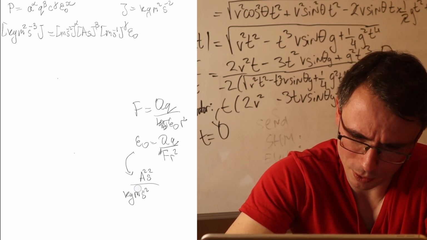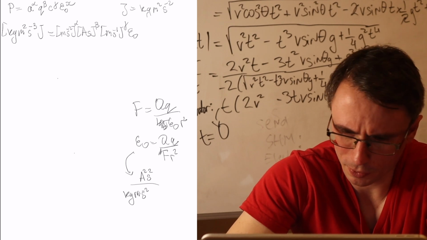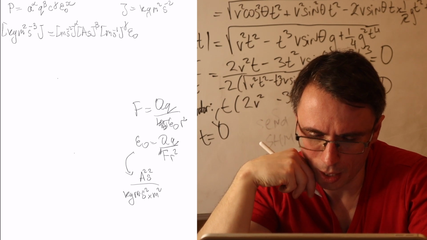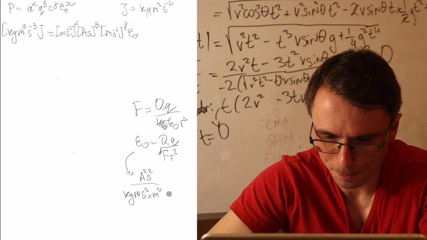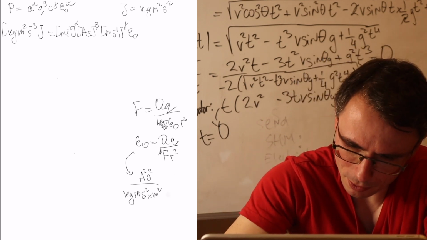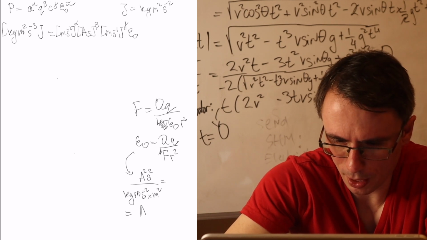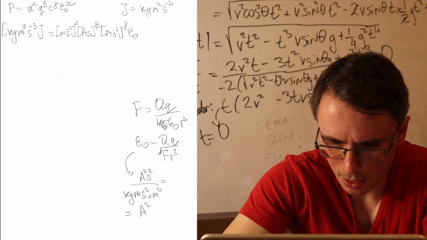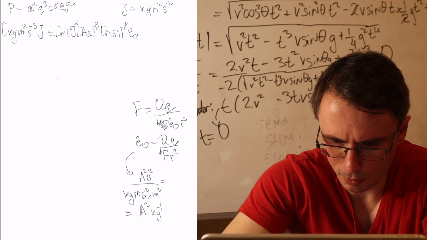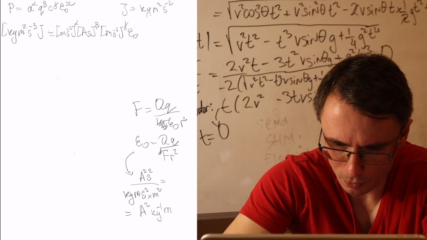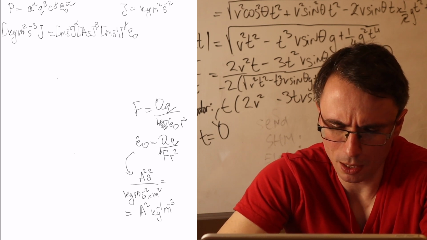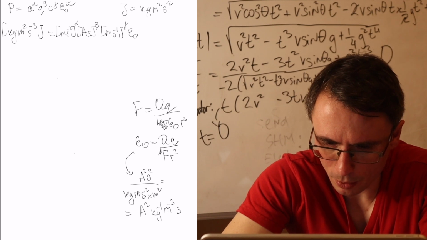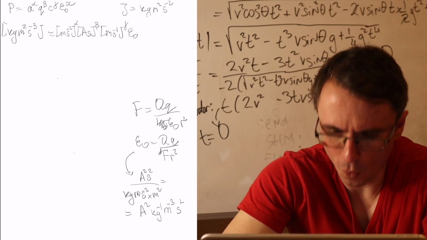Oops, that's just meters rather than meter squared. But here we've got a factor of meter squared from R squared. Okay, let's simplify this a little bit. So this will be A squared, and then kg to the minus 1, meters to the power of minus 3, then s to the power of 4.